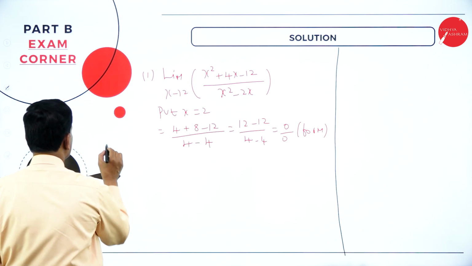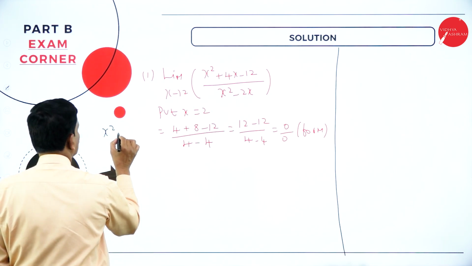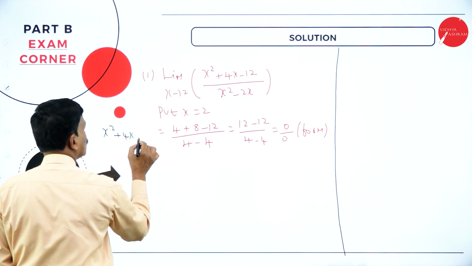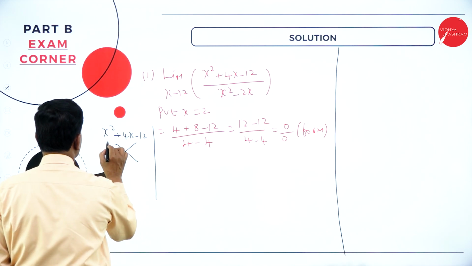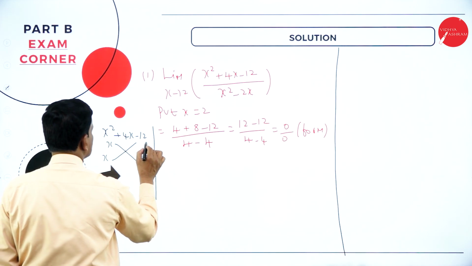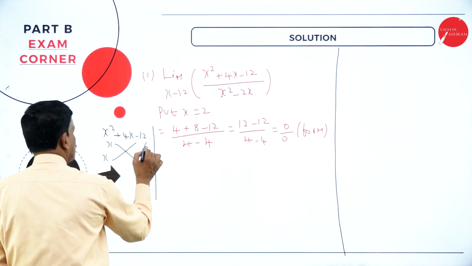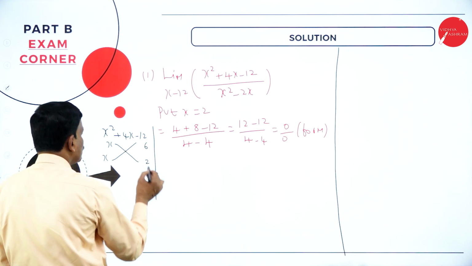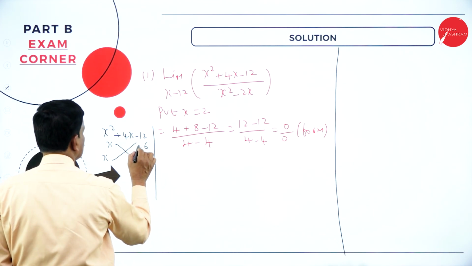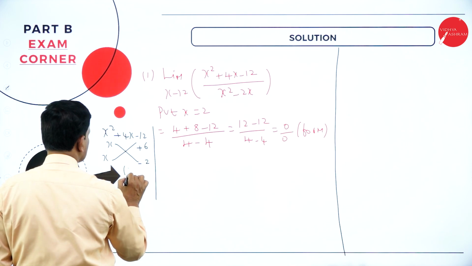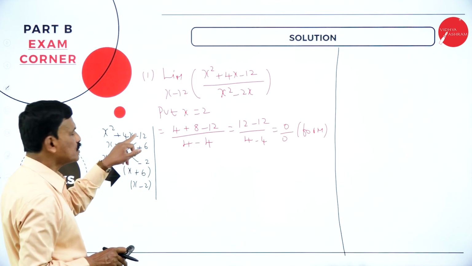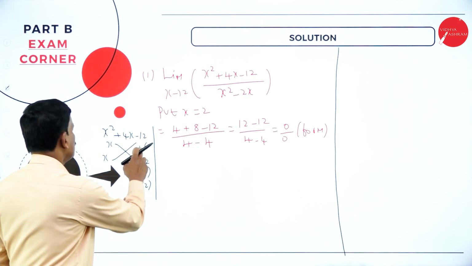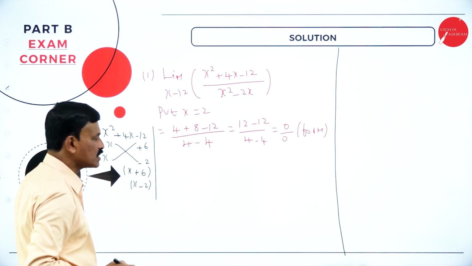What is the numerator? x square plus 4x minus 12. The factors are x into x, and 12 can be written as 6 twos are 12. 6 plus 4 is 8, we won't get that; 6 minus 4 is 2, so this is plus and minus. The factors are x plus 6 into x minus 2. See, 6 twos are 12 with minus, and plus 6x minus 2x is plus 4x.